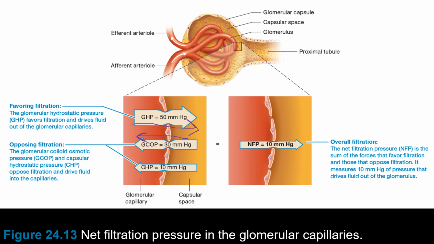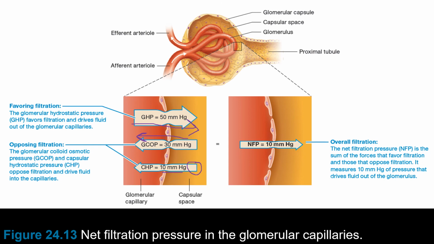The difference here is that CHP is typically due to a backup of capsular drainage, essentially. And that's why it is so low, because the analogy of the backed up kitchen sink is really great.